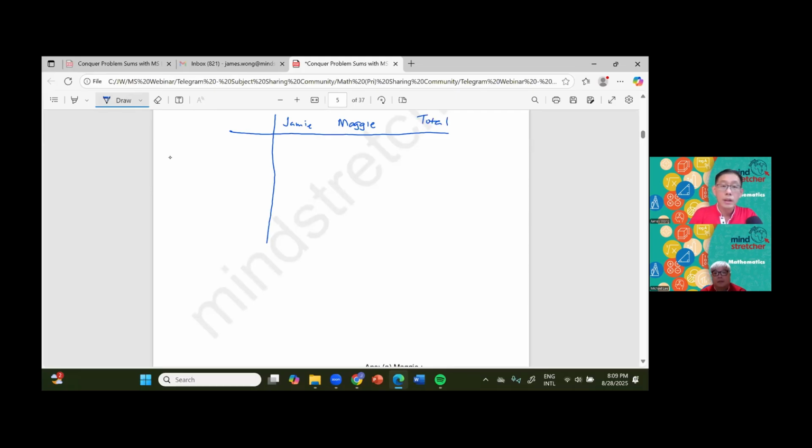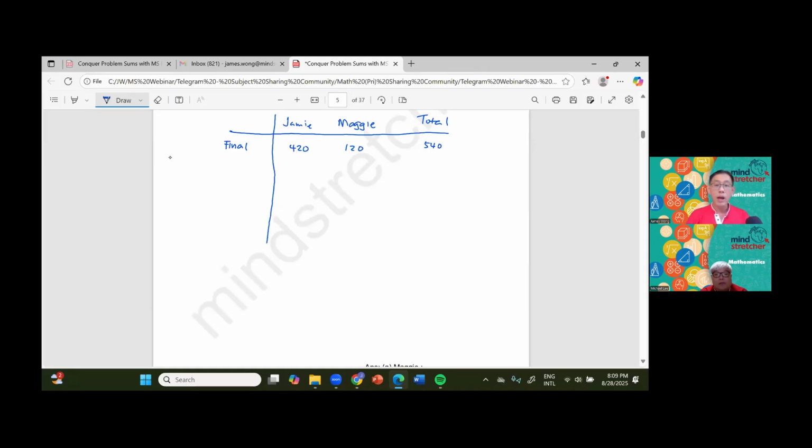I will start by working backwards, so I will start from the end. My end state is the final situation. What do I have? Jamie had 420 in the end, whereas Maggie had 120. I'm going to write all these things down. So the total that they have, if you add up, will be 540.